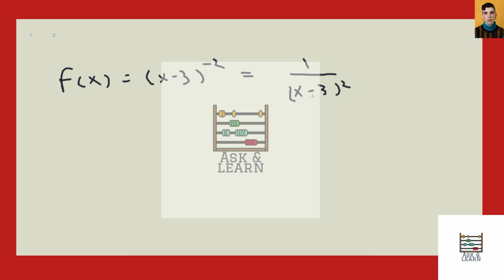If you notice now, there's actually a discontinuity in this function, and it occurs when the bottom equals 0. And the bottom equals 0 when x is equal to 3. Because if we plug in 3, 3 minus 3 is 0, and 1 over 0 squared is 1 over 0, which is undefined.